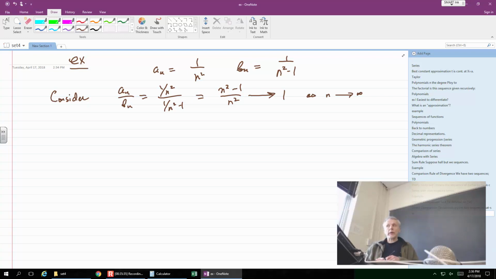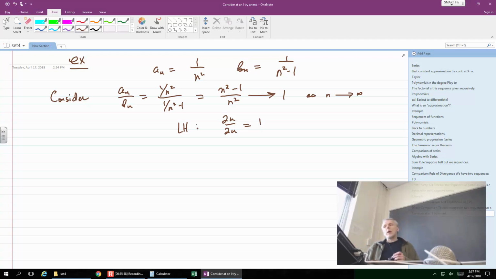Another way, when you face something more complex than that, you can do L'Hopital's rule. I would just differentiate, so I'll have 2n divided by 2n, and that gives me 1. A related way is to simply look at the powers.